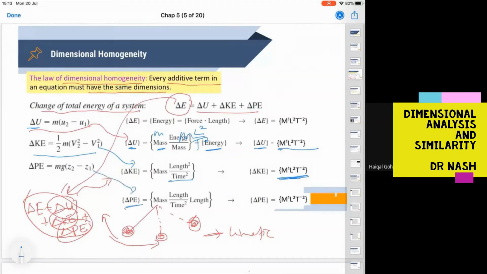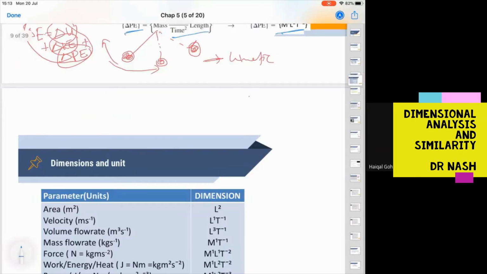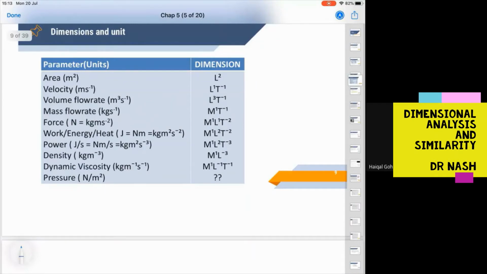Then you see M power of 1, all of them, L power of 2 over T power of 2. Alright. Any questions so far?